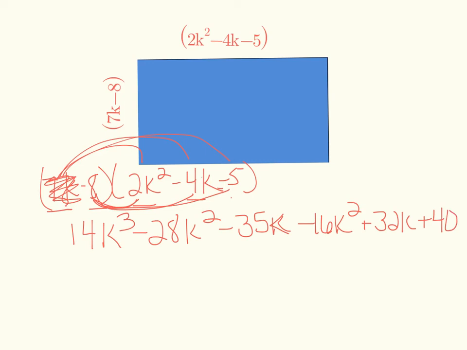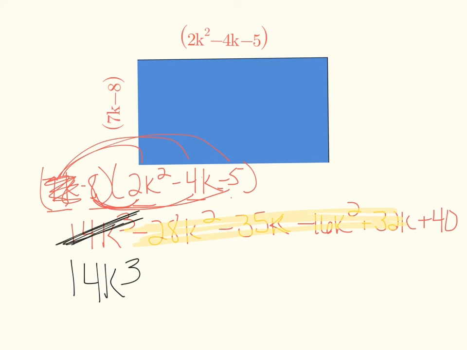That's a lot bigger than the last one, but a couple things you need to remember. These middle terms are going to combine with another term, just like last time. The first one doesn't combine, so 14k to the third. There's nothing that has a 3 exponent. Now we have negative 28k squared and negative 16k squared.